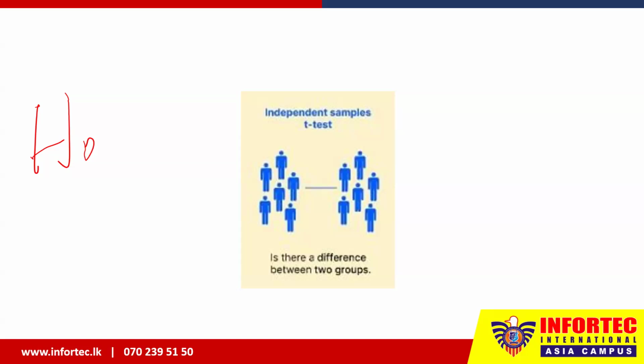What is the difference between one sample t-test and the independent sample t-test? What is the main difference? Easily you can understand.